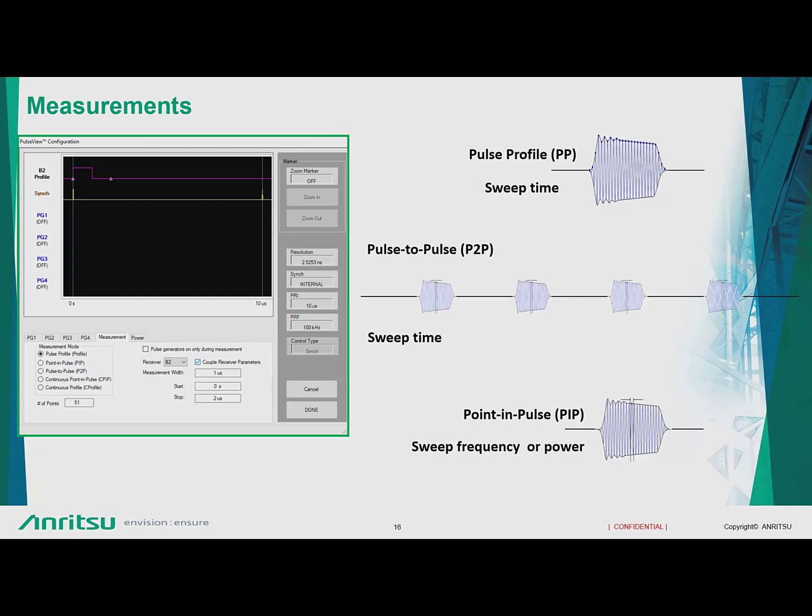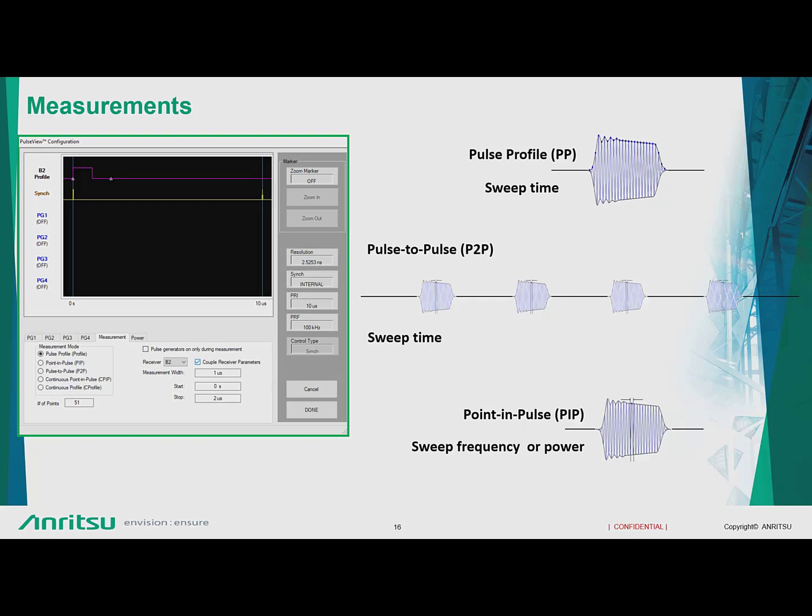That means you can measure the rise time, the fall time, the average power, everything you can do with pulse profiling. With the pulse to pulse measurement capabilities, if you have a train of pulses, you can select one particular section of pulse number 1, and then you can compare how your DUT is behaving for a number of pulses in that same segment.